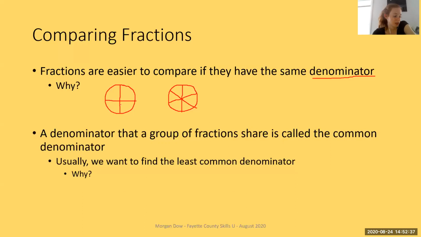Usually, when we talk about working with two or more fractions, we're going to be talking about the least common denominator that all of those fractions share. Now, why would we talk about the least common denominator? Well, you might be able to guess already. It's because we prefer smaller numbers. So fractions will have more than one common denominator, but I'm going to show you how to find the least common denominator just because in general, we prefer smaller numbers over bigger numbers.